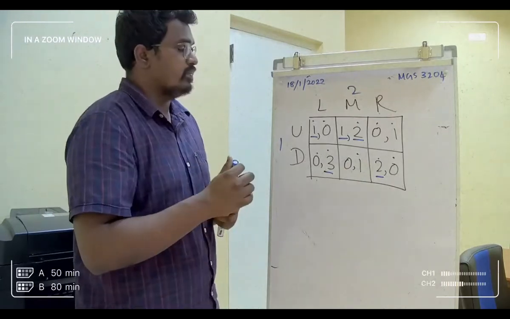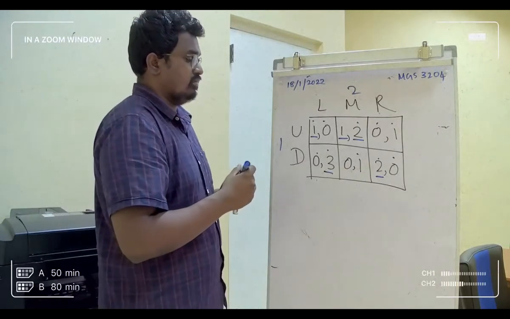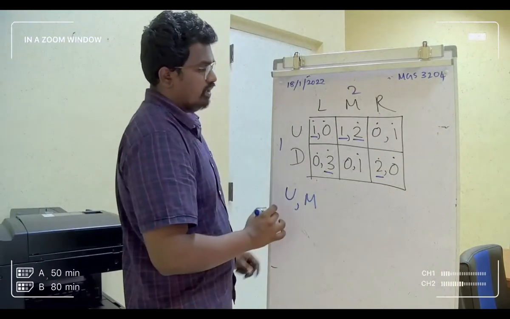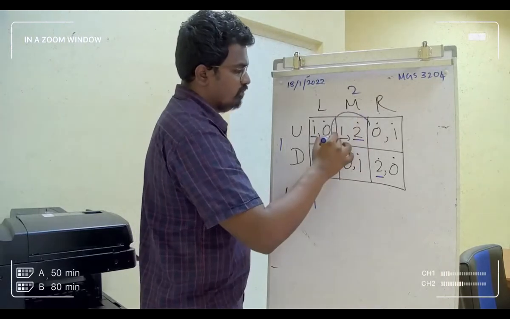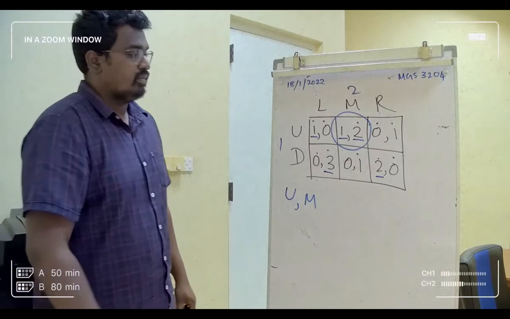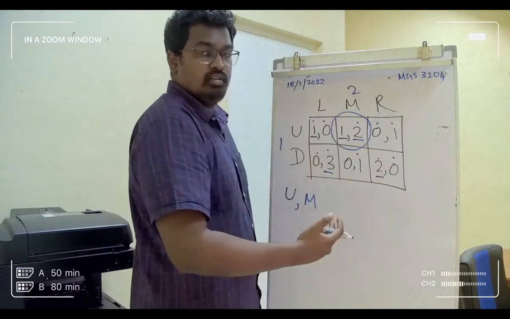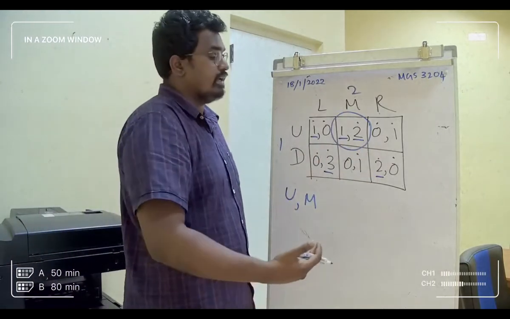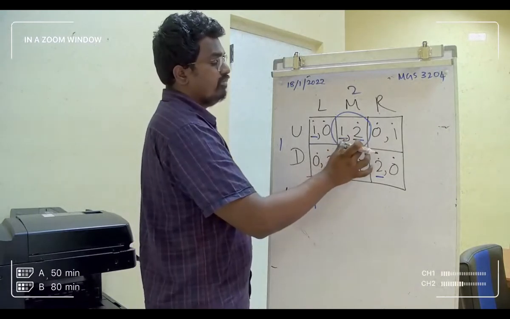What is that? Player 1 upper level, and player 2 middle. Up and middle. Because why? Here we can see both players choosing it, depending on their own strategy, looking into maximizing their utilities, and finally both end up with this option.